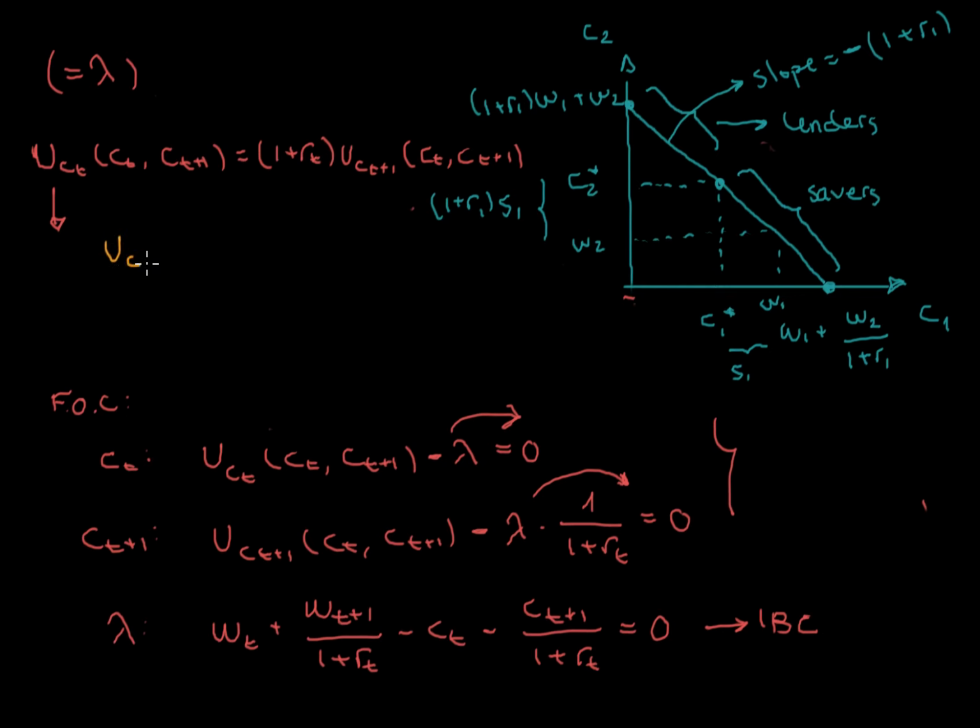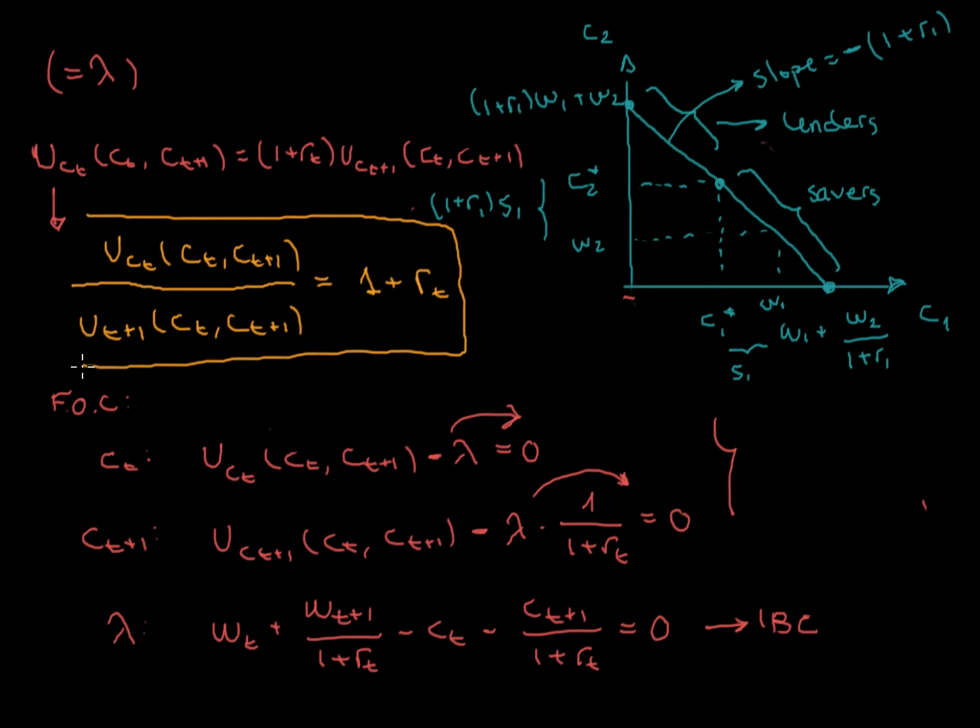The marginal utility of c_t divided by the marginal utility of c_{t+1}, and this equals 1 plus r_t. So this is the optimal condition.